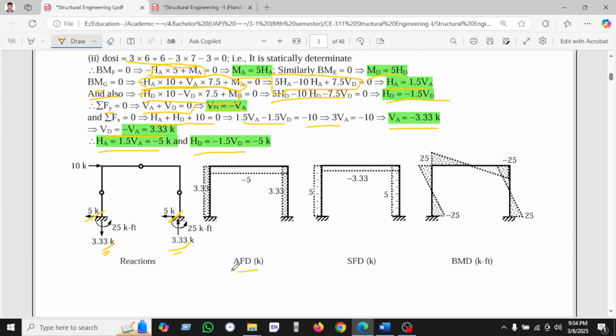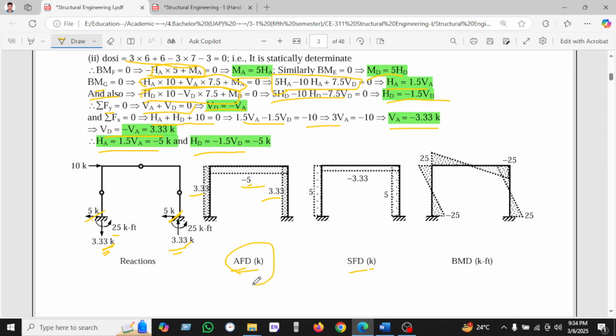And here is the SFD. If we see here, 3.35 is given here, and 5 we have already found. That's why it is taking the downward minus 5 and 3.35 on the left side of the diagram. And we have been seeing the SFD also given here.